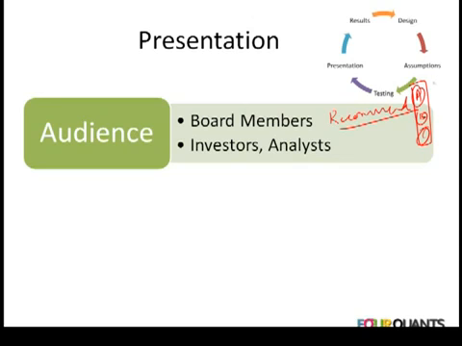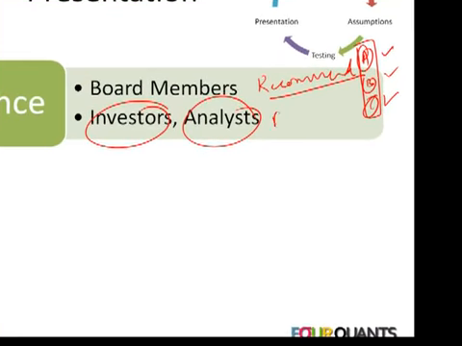However, you need to be prepared to defend A, B, or C with the relevant analysis, with the relevant models, with the relevant details. When you present to investors and analysts, the focus of your presentation is very, very different. With investors and analysts, you focus on results, you focus on assumptions, and you focus on data that supports those assumptions, right?